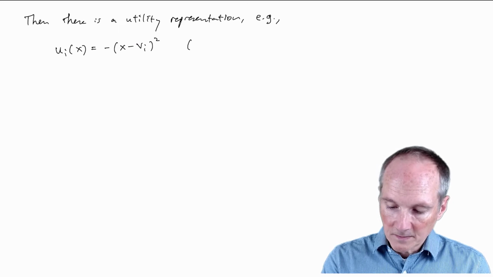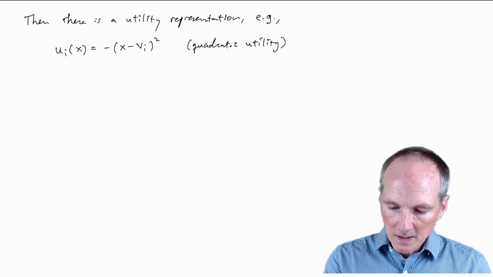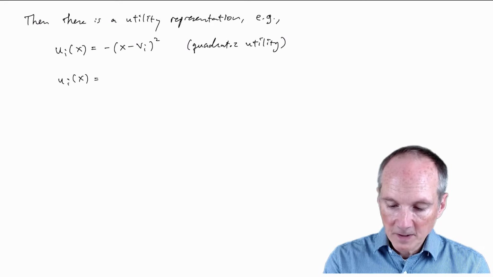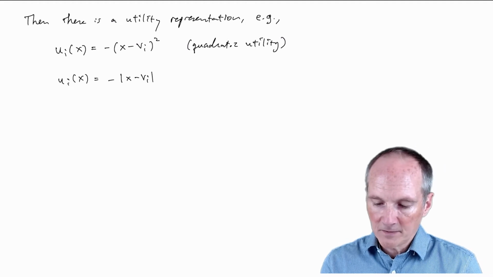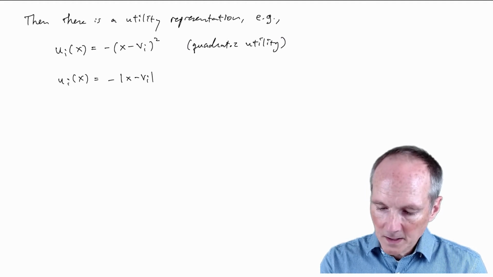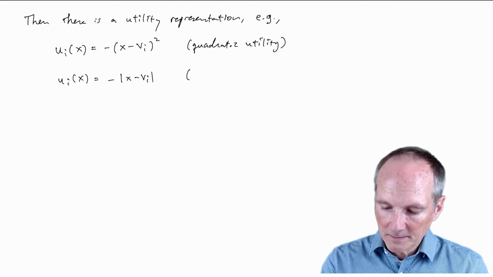And this is quadratic utility. Another possibility would be we don't actually square it, so we just look at the distance between X and the ideal point, multiply that by -1, and this doesn't have a universal term, but let's just call it Euclidean utility.